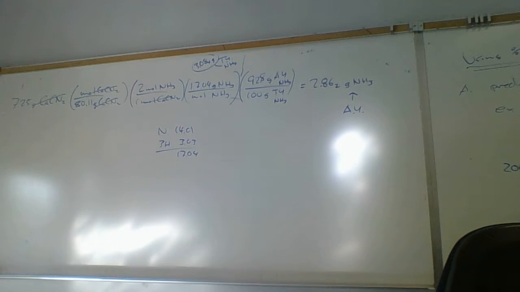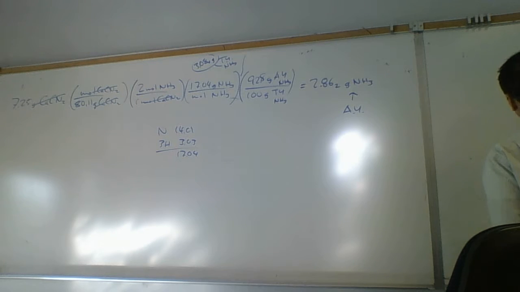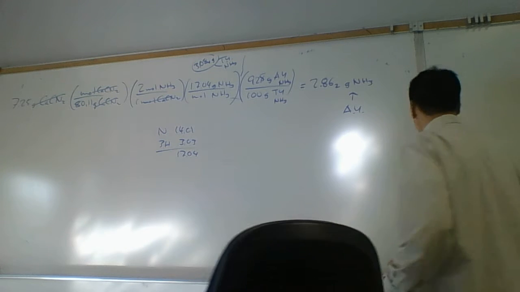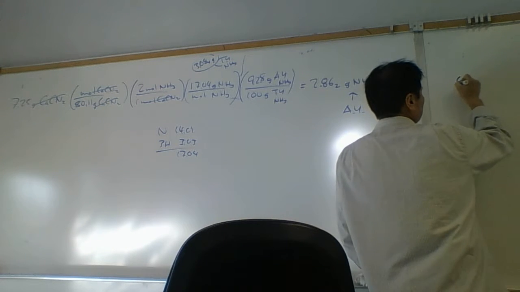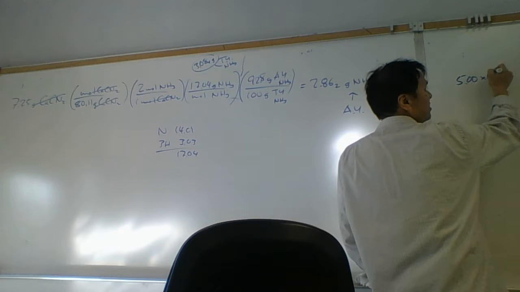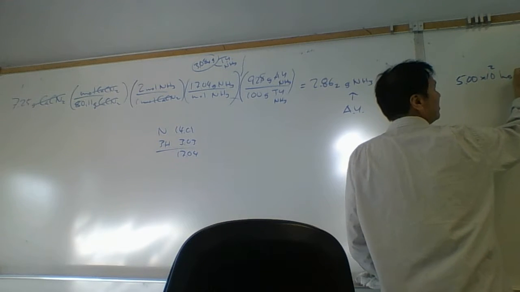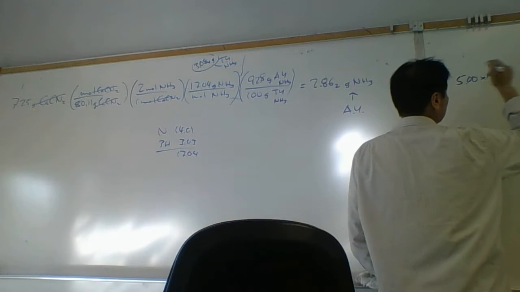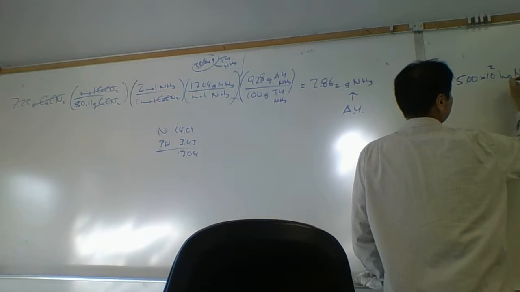Let's take a look. So 5.00 times 10 squared kilograms of ammonia actual yield.